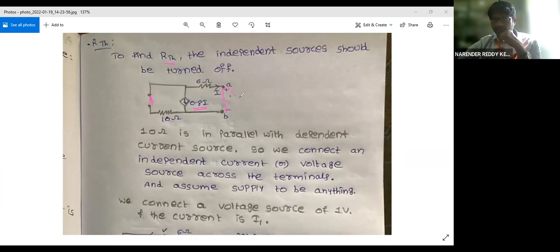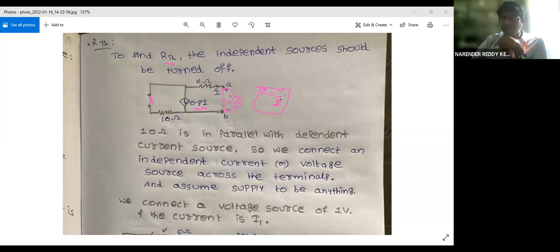If I connect an ohmmeter, what is the value of resistance I am going to get? That I want, right? What is the best method to evaluate the value of resistance? It is to find the ratio of V by I, right?